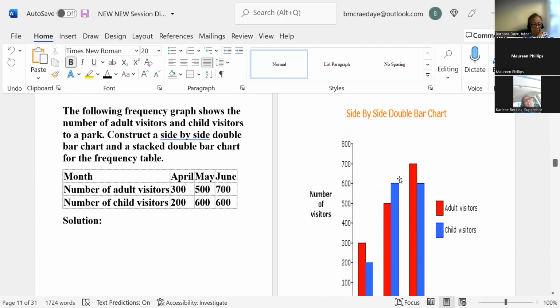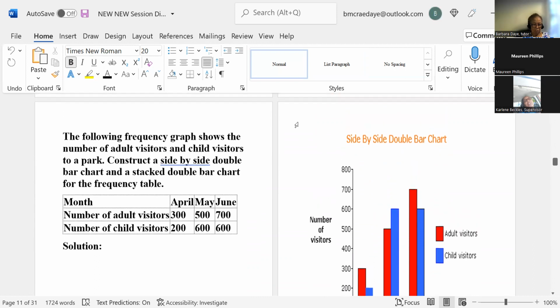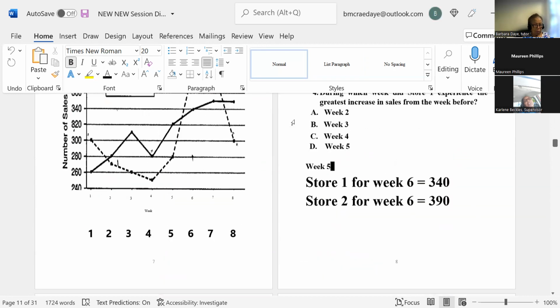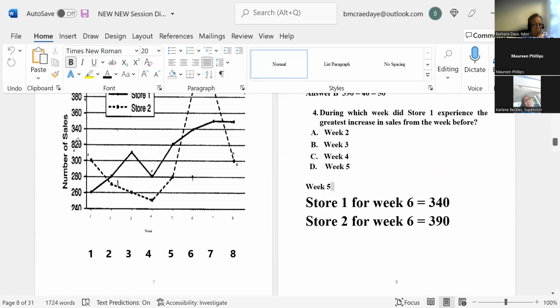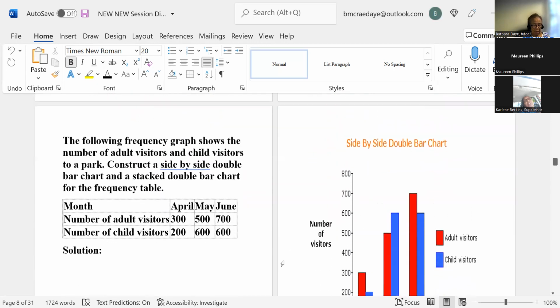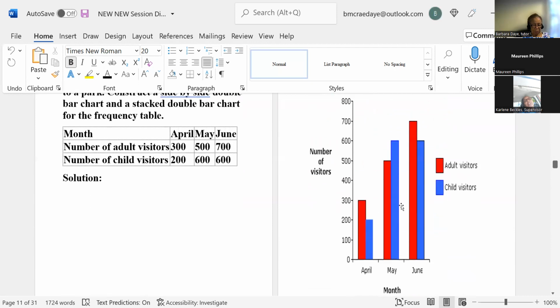Now you can have side by side doubles, just like we had two line graphs on the same coordinate grid, back up here. You can also have side by side graphs, and they give you a code so you know the red is the adults, the blue is the child visitors.